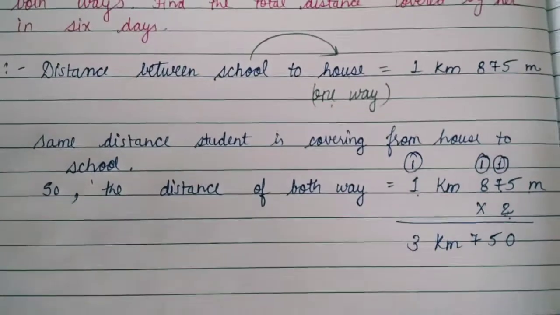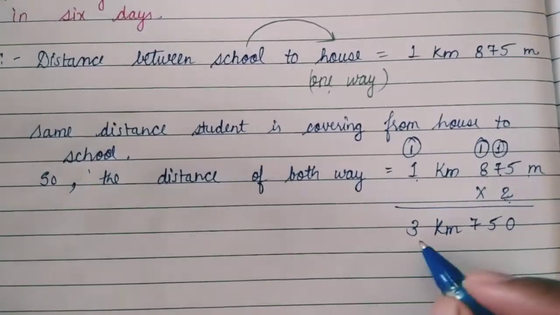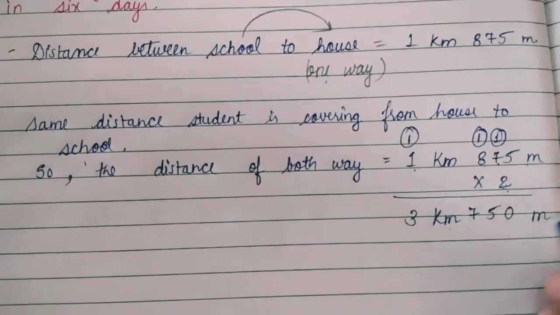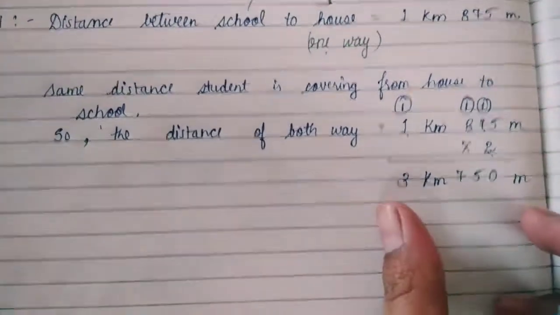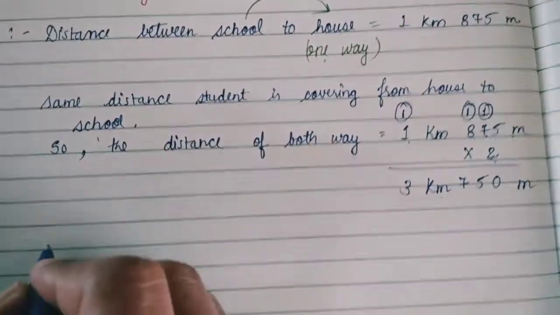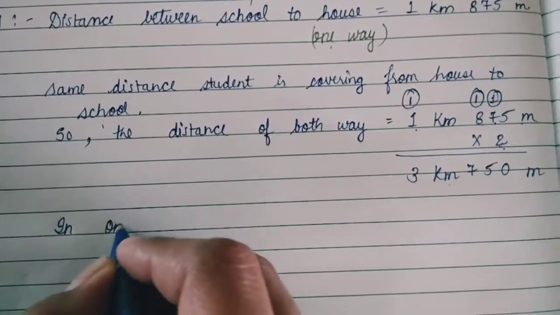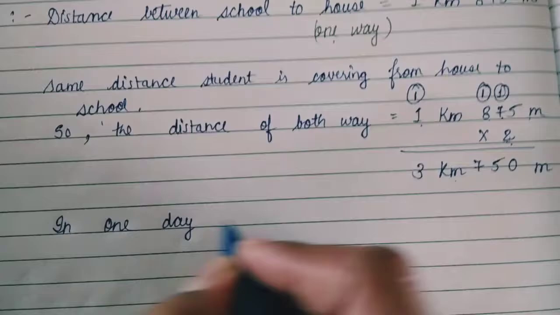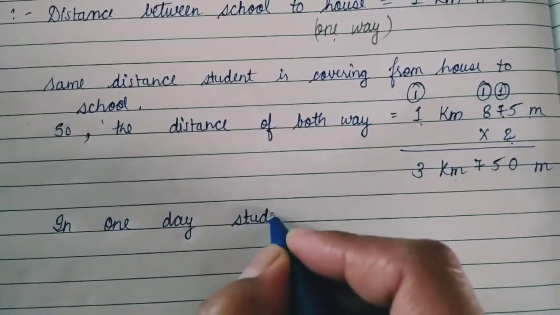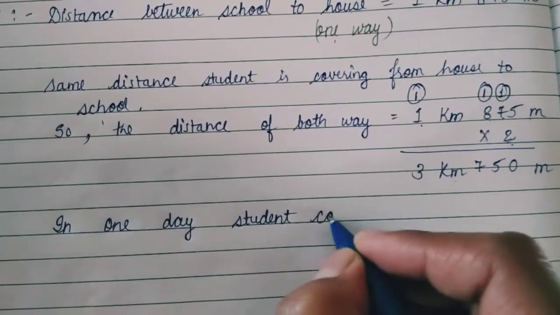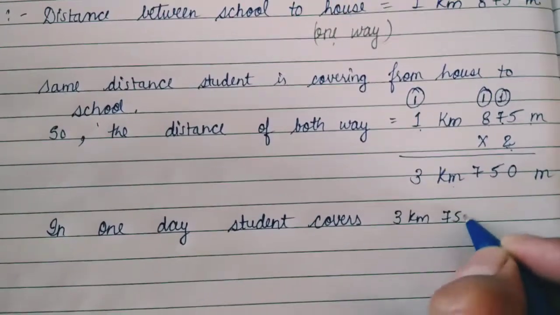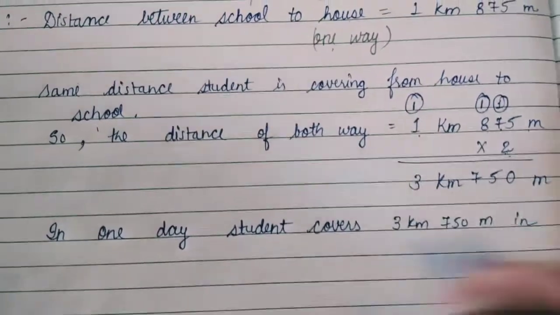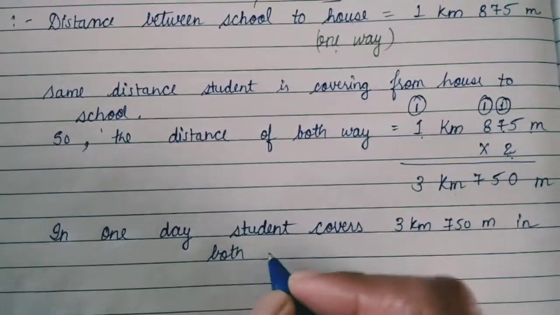So the total distance of both ways is 3 kilometer 750 meter. It means that in one day the student covers 3 kilometer 750 meter in both ways.